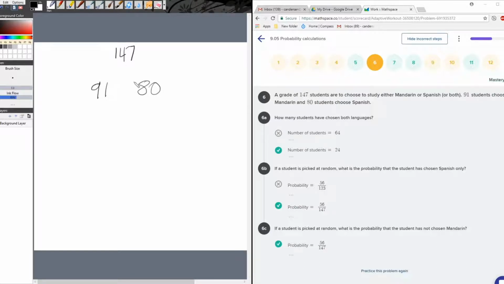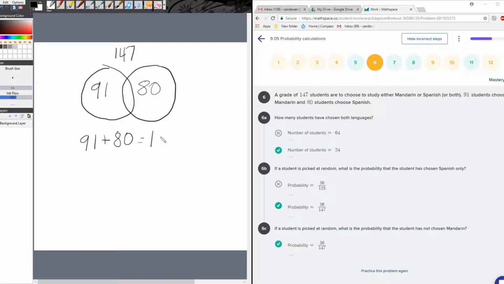Well, we can work this out, because if we were to draw our 2 circles, we should have 147 people in here. However, we don't. We have 91 plus 80 is equal to 171. Now this is much, much more than 147 people. So now we need to find how many people we've counted twice, because that's why there's too many people here.